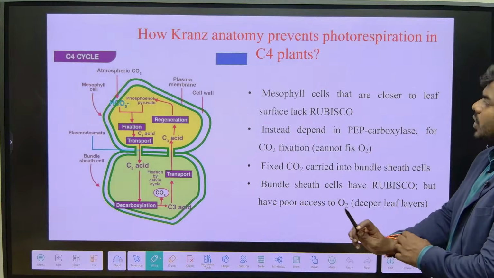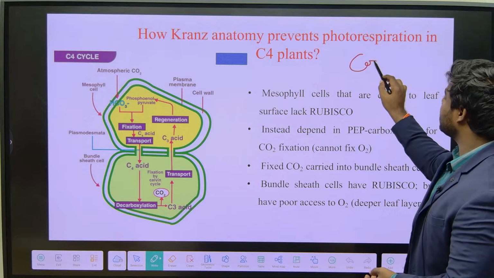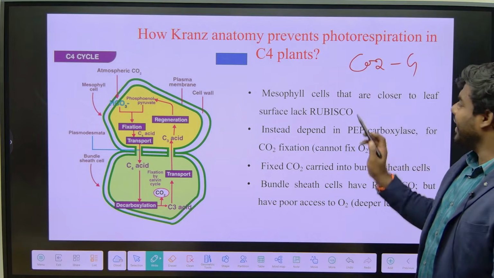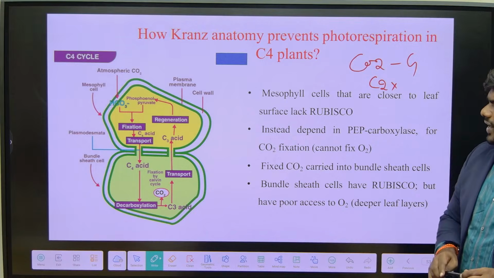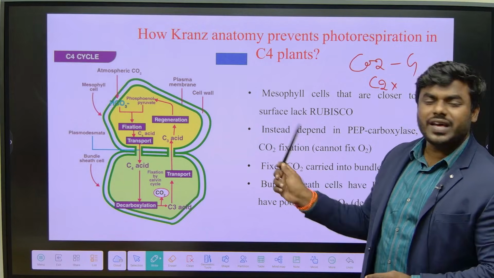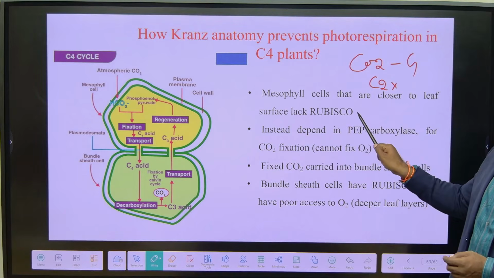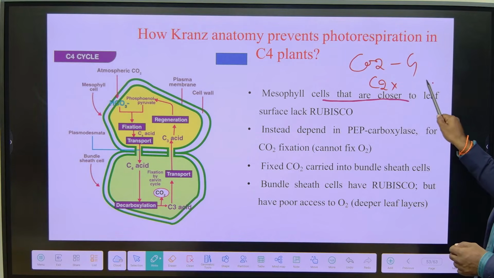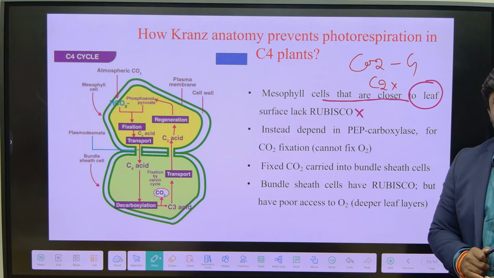Now, I'll explain slowly. All of you focus very carefully. What is our goal? Fixing the carbon into glucose and escaping photorespiration. Right. Now the interesting point here: two enzymes are involved, PEP carboxylase and Rubisco. Look at this line: mesophyll cells which are closer to the leaf surface do not have Rubisco.